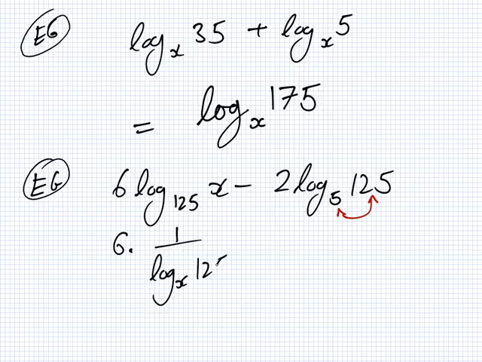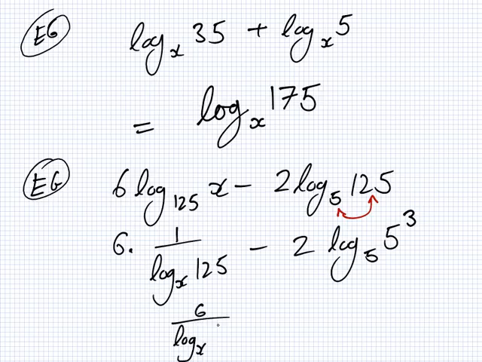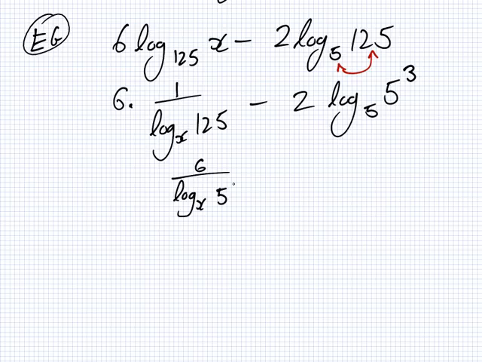So that's 6 over 3 log x 5 minus 6. What's in common here? Well, actually, that can become 2. And I can swap this back now. I can get 2 log 5x minus 6. So this is the simplest I can make it.